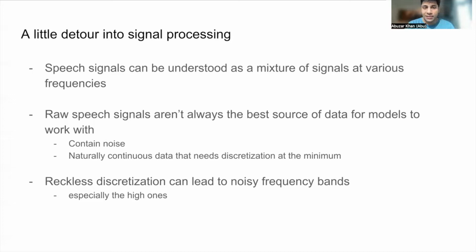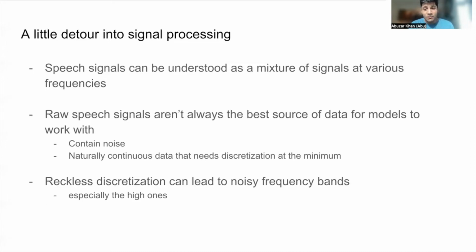Second point is that, and this is a recurring theme in this presentation, raw speech signals aren't always the best thing to feed into your model to do any sort of task. And there are two reasons behind this. One, this data often contains a lot of noise, so we want to clean that up at least. The second point is that these signals are naturally continuous, right? And machines don't do very well with continuous information.